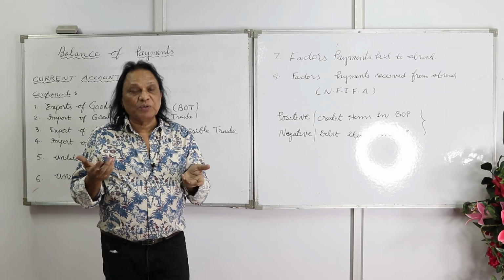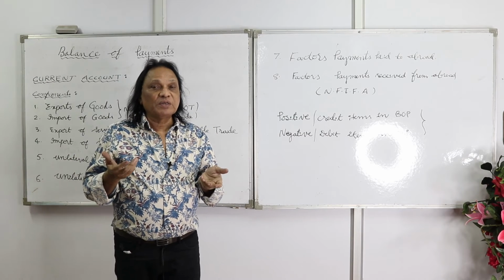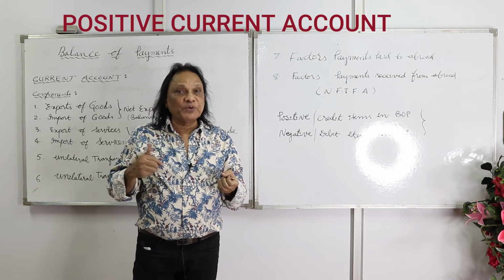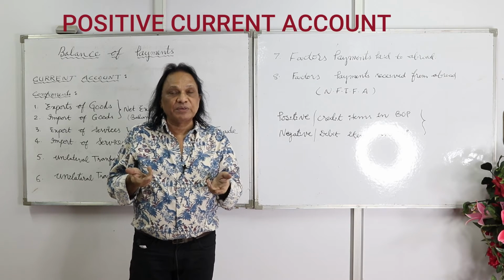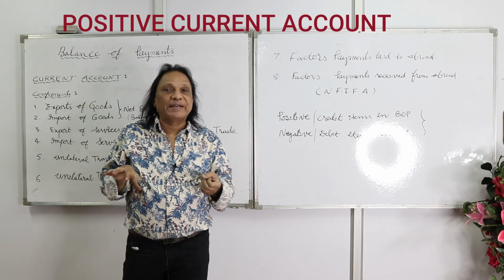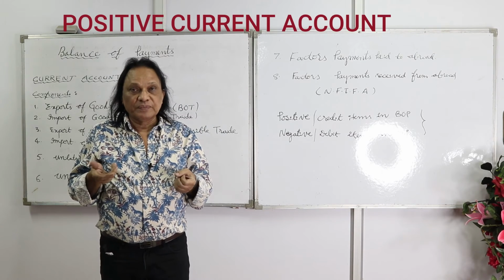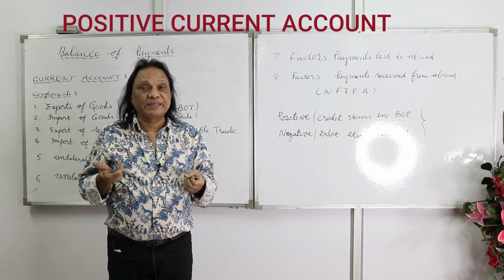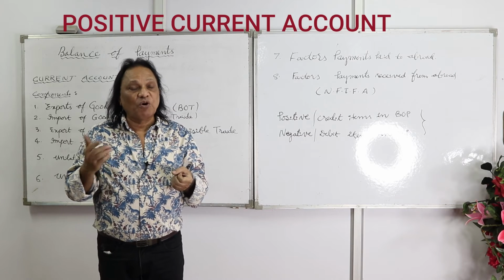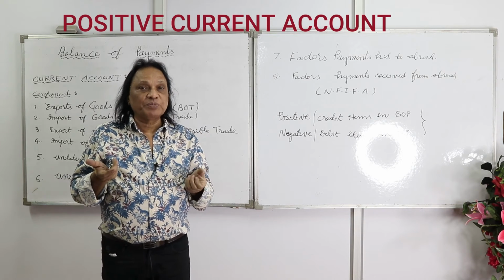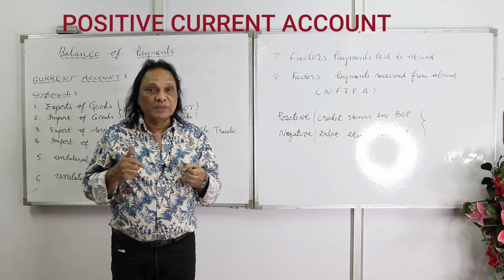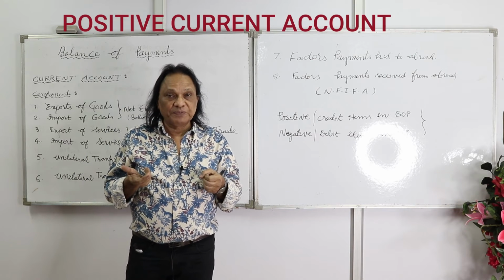When do you have a positive current account? The positive current account implies that exports of both visible and invisible items are greater than imports of both visible and invisible items. When do you have a negative current account balance of payment?